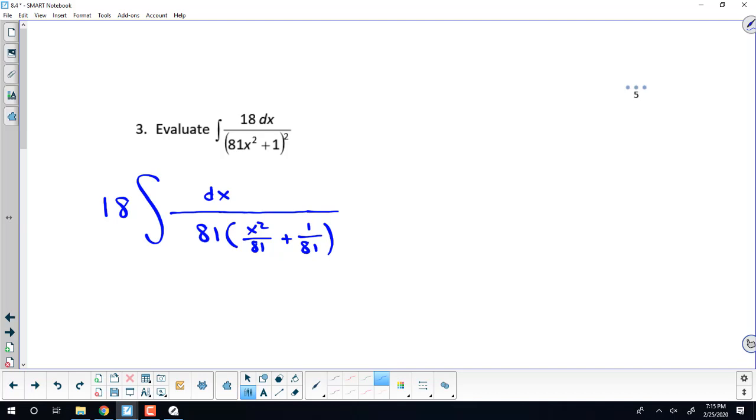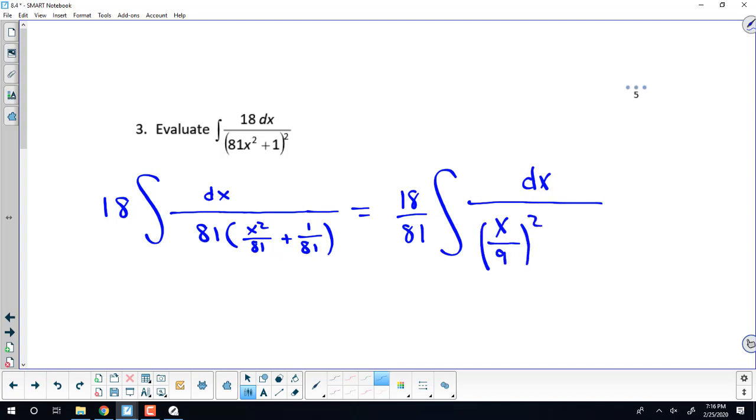And so we'll take that 81 out, whatever this reduces to, if it reduces. Let's just see how this looks. We could probably proceed this way, but the issue is now we're thinking, what square plus 1 over 81?